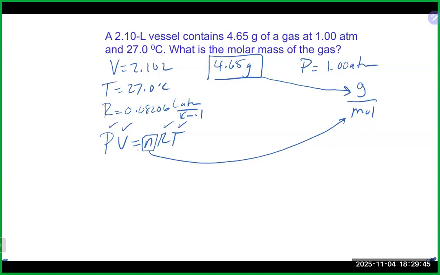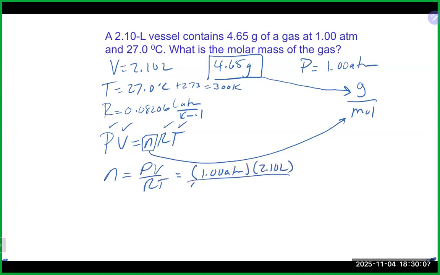So I'm just going to solve the ideal gas law here for N, which would be PV over RT. Really, the only thing we have to worry about here is our temperature. So we'll add 273 to get us to Kelvin. Now we can put in our pressure, which was 1 atmosphere, our volume, which was 2.1 liters, our R, 0.08206 liters atmosphere per Kelvin mole, and our temperature, 300 Kelvin.